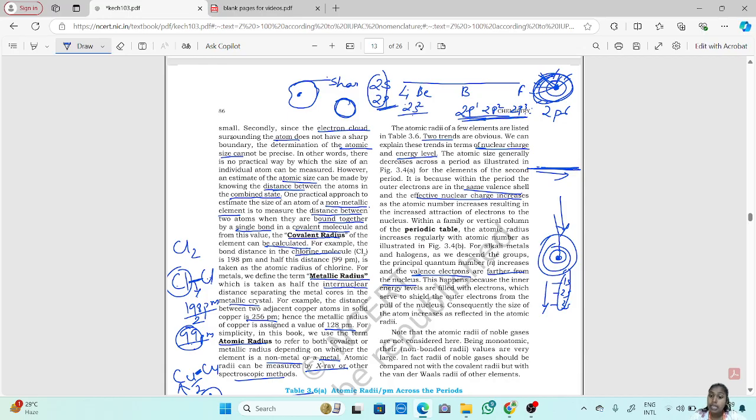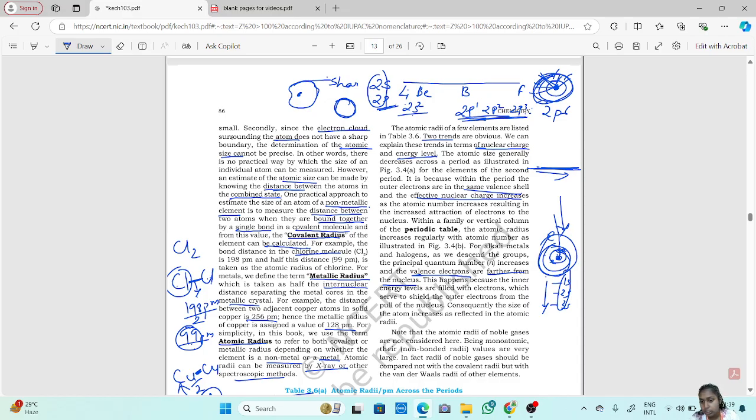Another point is that the orbitals which are close to the nucleus will have electrons already filled in them, and those electrons will shield the outermost electrons from the nucleus. They act as a shield because they are always present in front of the nucleus, or in between the nucleus and the outermost electron, right?